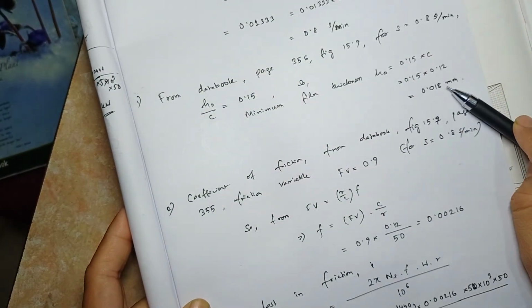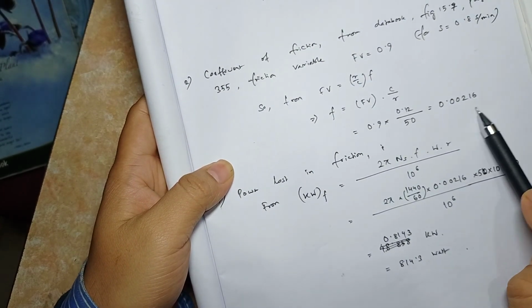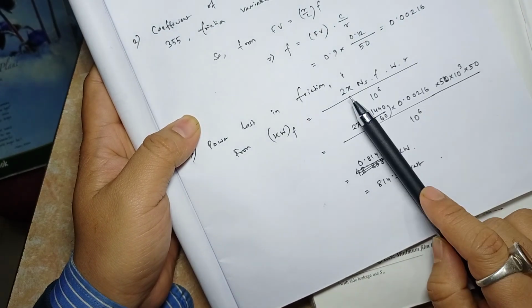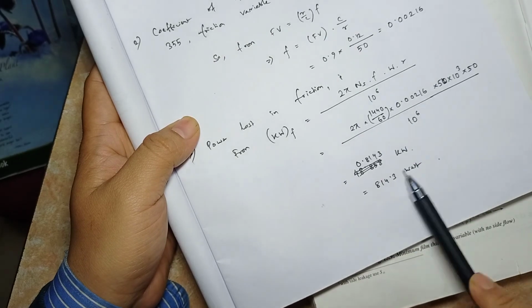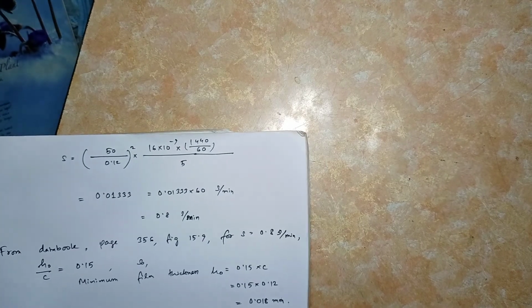So we have got h0, and the coefficient of friction is 0.00216. We get the power loss in friction by multiplying everything: 2 pi ns f W R. This is the power lost in friction. So this was the discussion of your bearing numerical part. Okay, thank you.